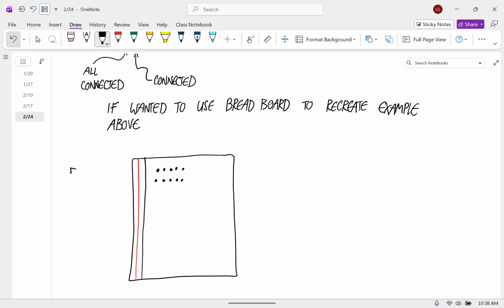And then here's the battery. So here's our power source. So we could take the positive of the battery and connect it to the red. We always treat the red like it's positive, but there's really no difference in the wiring of the breadboard. There's no reason you couldn't plug the positive into the black. It's just that red is what people use to signify positive.